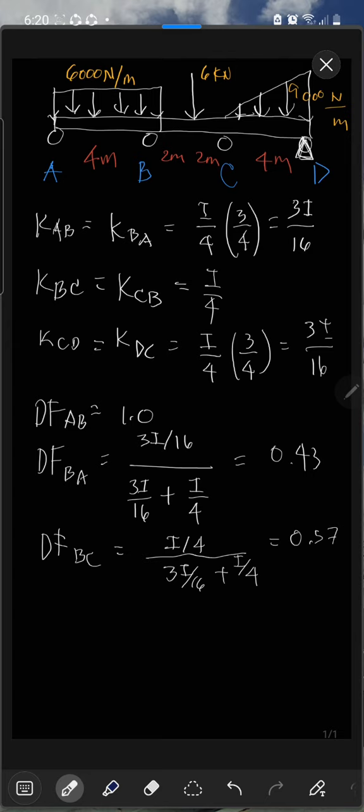Okay. So next is distribution factor. Earlier was going this way, then now going the other way. So DFCB and DFCD.